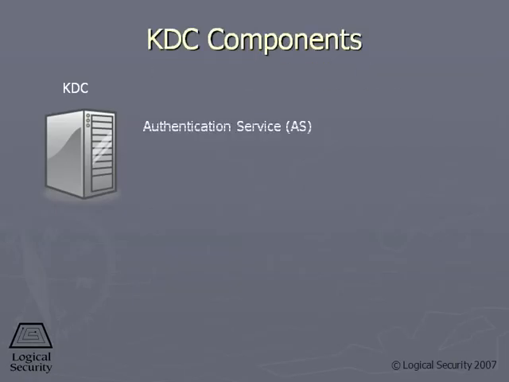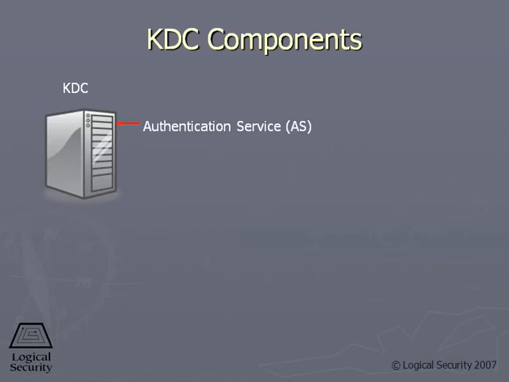Now within the KDC itself, there are two main services that we have to understand. There's an authentication service, and there's a ticket granting service. The authentication service is where the users, the principals, are going to send over their credential information to get authenticated. And then the ticket granting service is going to allow these users to communicate to other network devices. So let's see how this takes place.